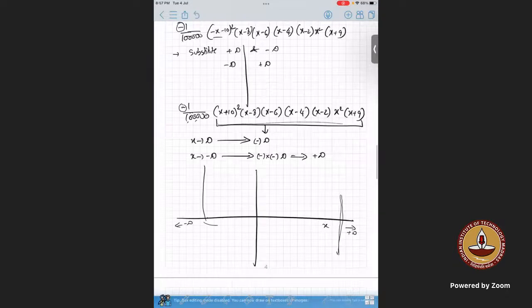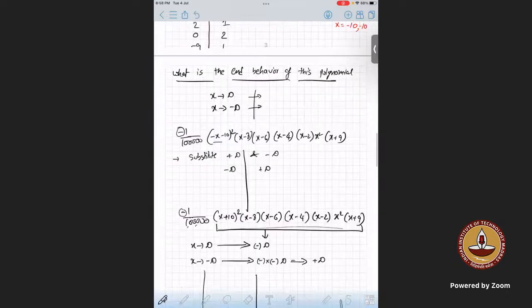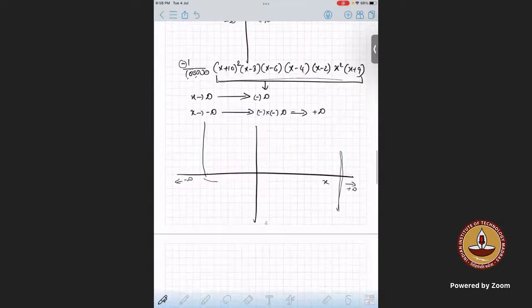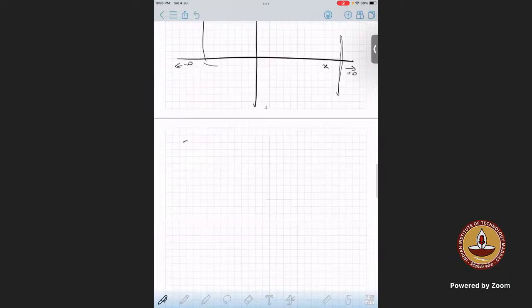Here the roots are minus 10, 8. Roots are minus 10, 8 with multiplicity.